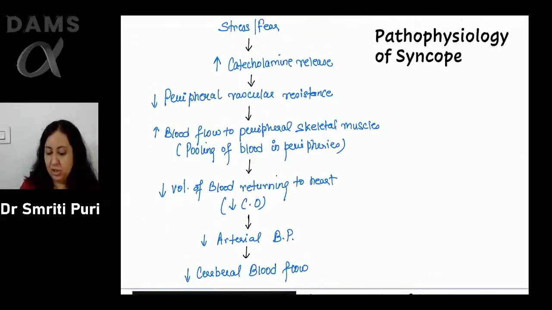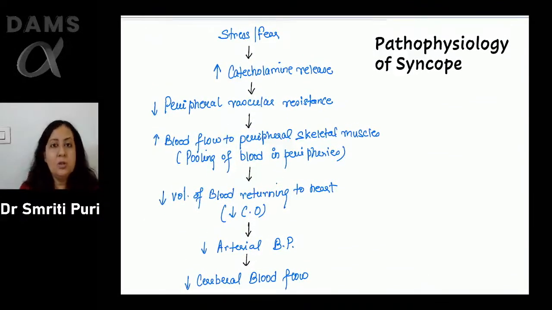Now I have mentioned the pathophysiology of syncope. So how does a syncope take place? What is the whole mechanism of why a syncope is happening? So if there is a stressful or a fearful environment, let's say a dental clinic, there are increased catecholamines that are released into the circulation.